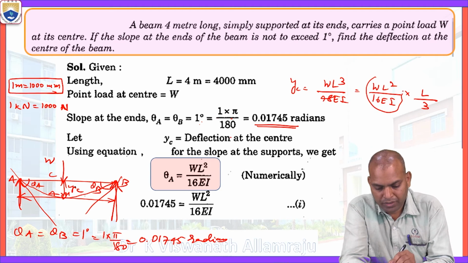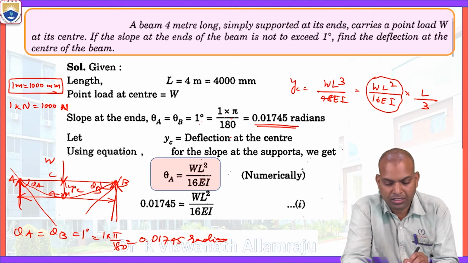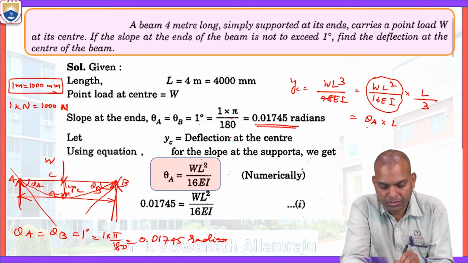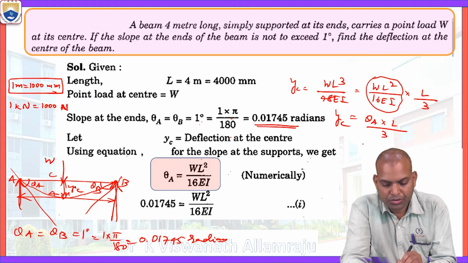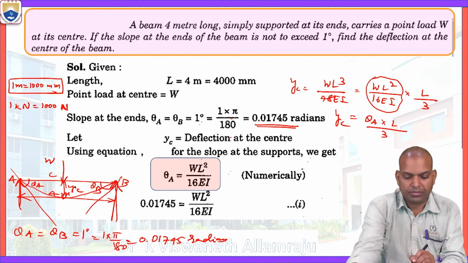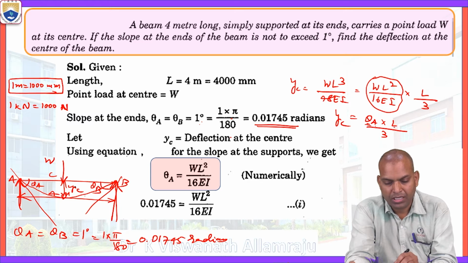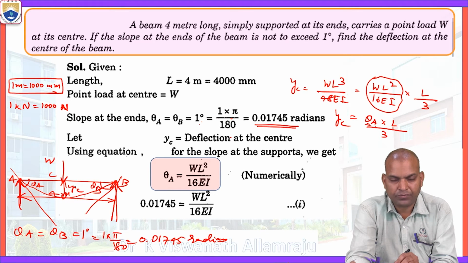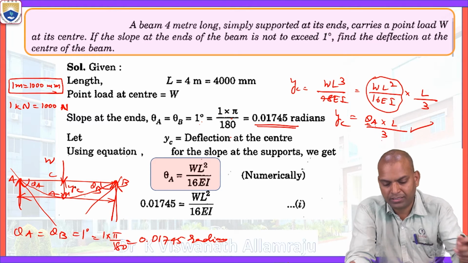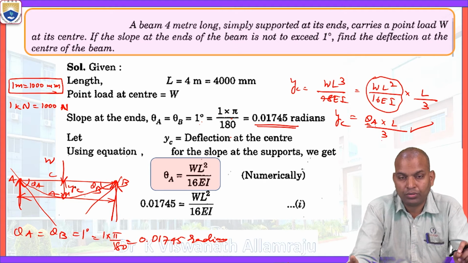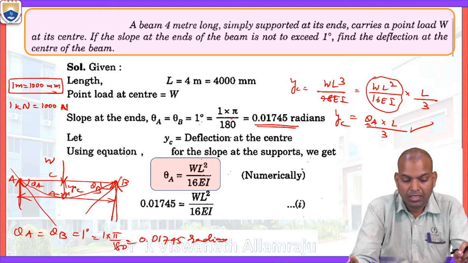So WL squared by 16 EI is nothing but the slope at A, at the supports, theta A. Then deflection is theta A times L by 3. We know theta A is 0.01745 radians, and L converted into millimeters is 4000 millimeters, divided by 3. Then we get the deflection at the center, even though the weight at the center is unknown.